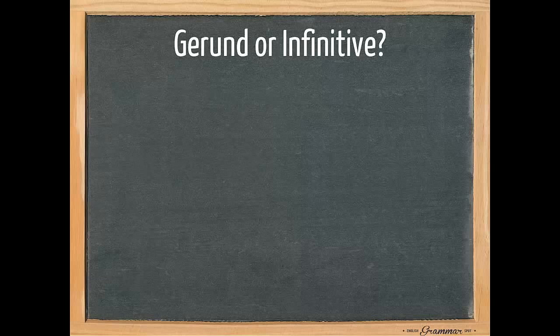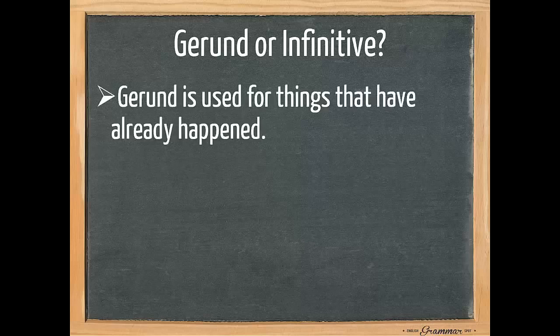Now, as I said in the beginning of this video, people tend to be sort of troubled by the gerund and the infinitive, thinking that you either use the gerund or the infinitive, and there are strict rules to that. It is more complicated than that, but generally we can say that the gerund is used for things that have already happened.